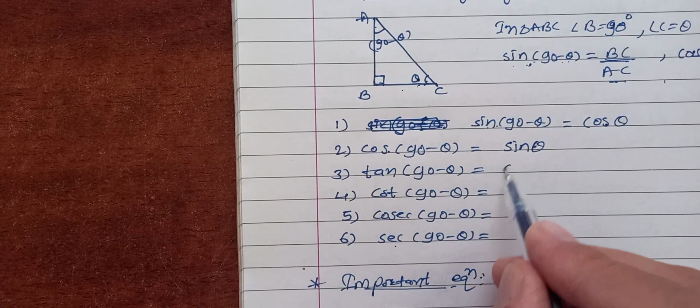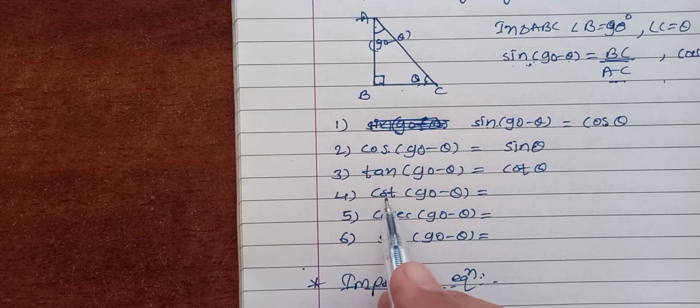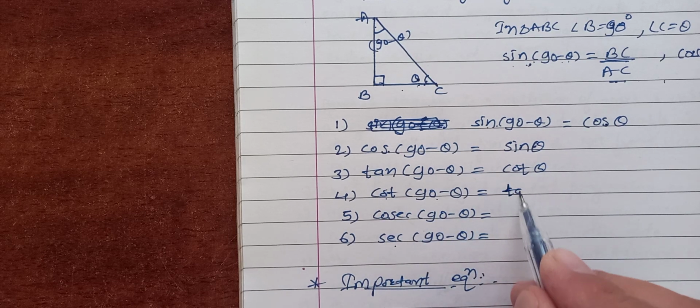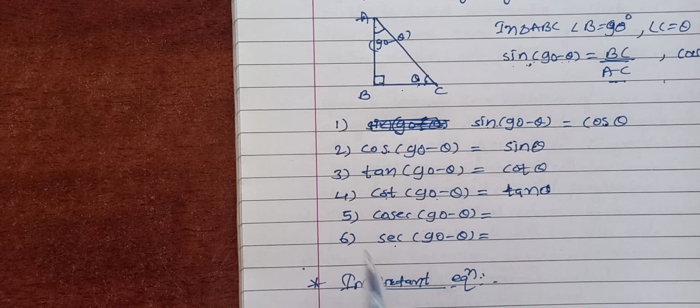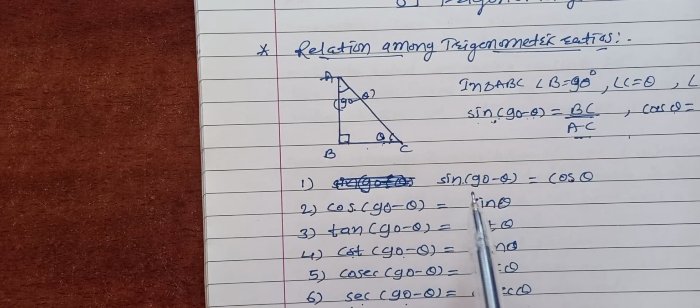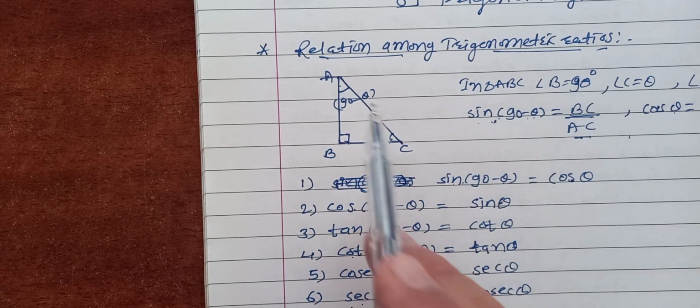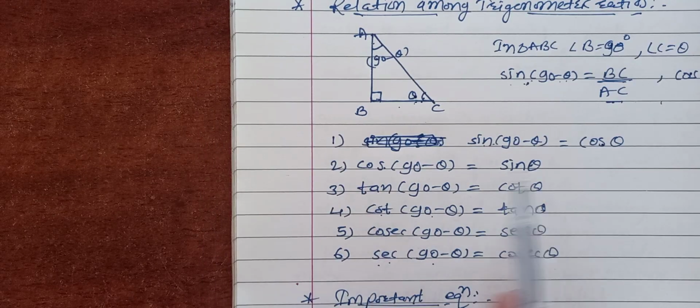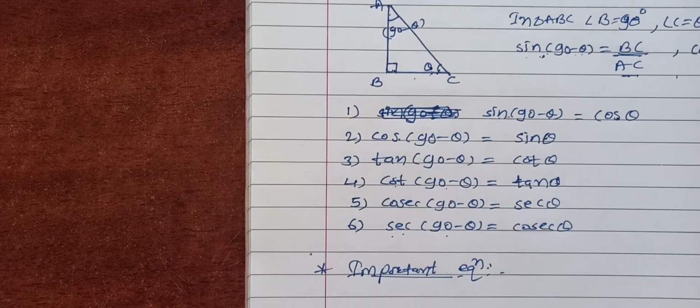Similarly, tan 90 minus theta is cot theta, and cot 90 minus theta is tan theta. Okay, this is the relation. Cosec 90 minus theta is sec theta, and sec 90 minus theta is cosec theta. You can take one by one, just like this one. First one we found from the figure. From the figure you can check it. These all ratios are correct.